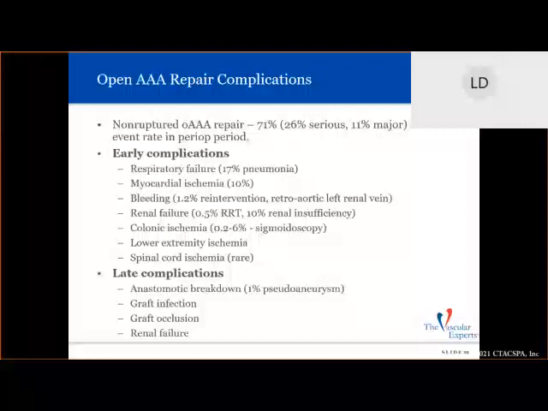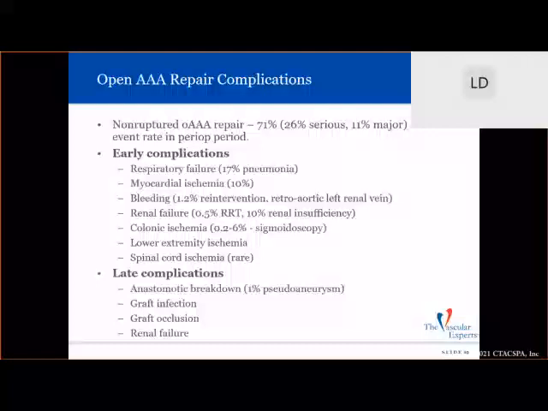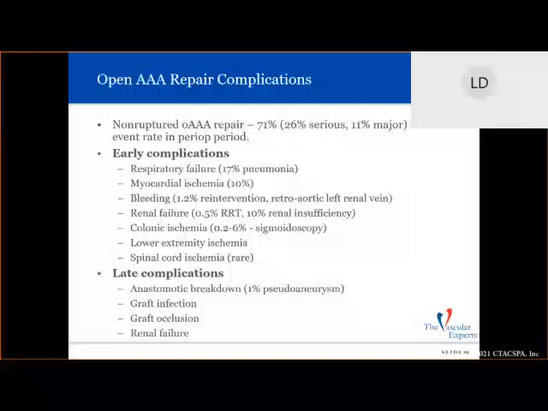There are patients with aneurysms who are extubated immediately post-op now, but respiratory failure and pneumonia are still a major complication from the surgery. Heart attacks, leaking, renal failure, colonic ischemia, and that's related to the assessment of the IMA, which I think is important for you guys to know.